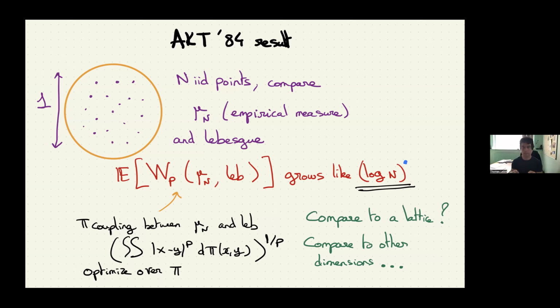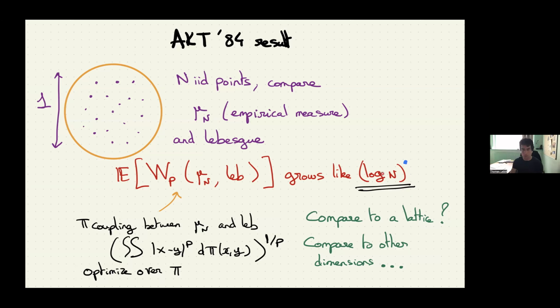And so if you sample points which are neither IID nor lattice, and you look at this quantity and how much it grows or not, then you can say whether they are more like IID or more like a lattice. Precisely, if you don't have this growth, if this is bounded, then you're more like a lattice.